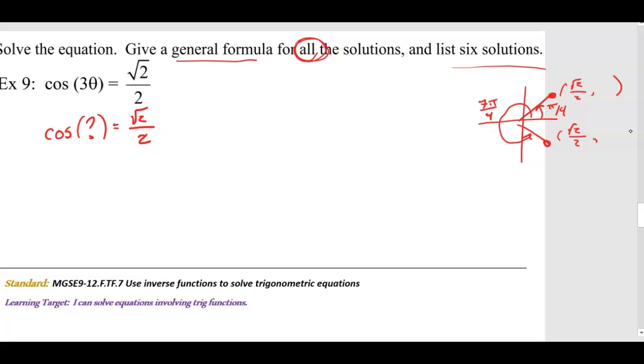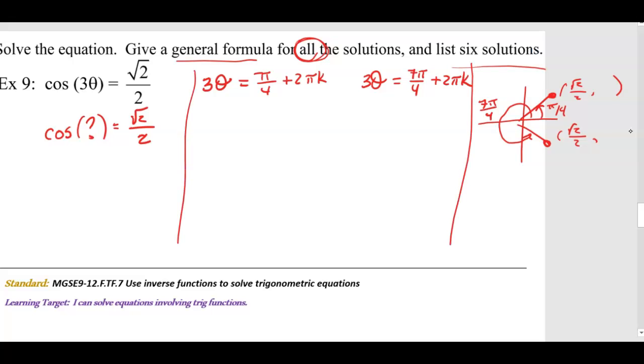So here's where I start. I know that 3 theta will either equal pi over 4, don't forget your plus 2 pi k, or 3 theta will equal 7 pi over 4 plus 2 pi k. So 2 general rules. But once again, I have to solve for theta. So I'm going to divide everything in both equations by 3.